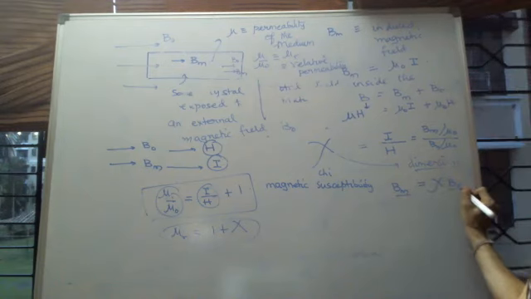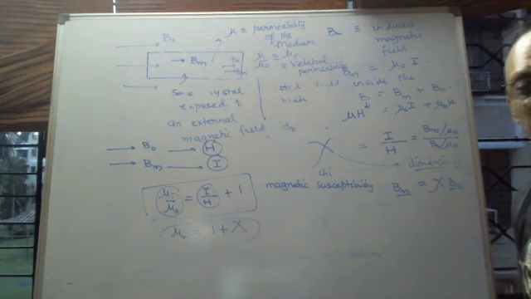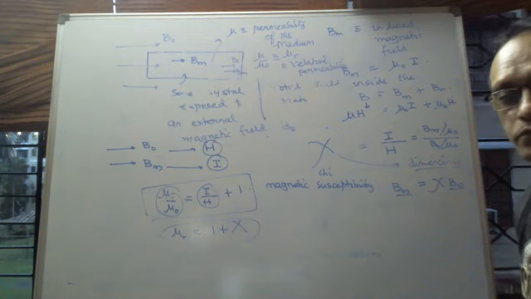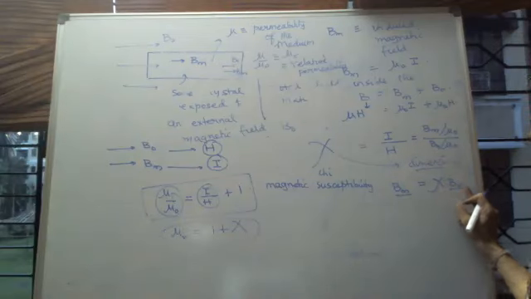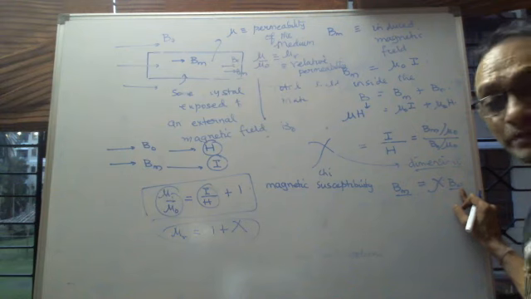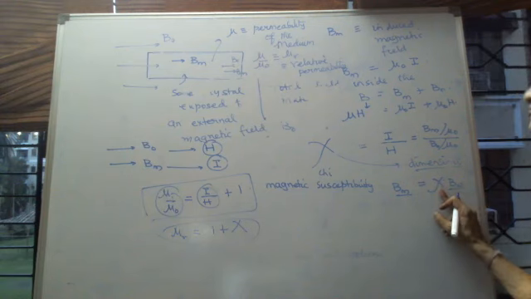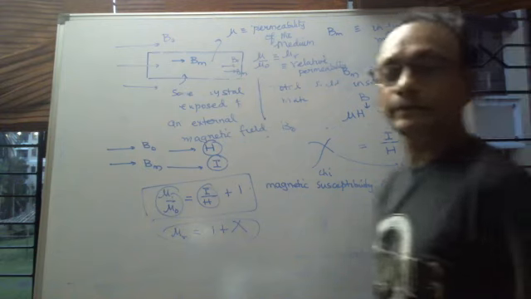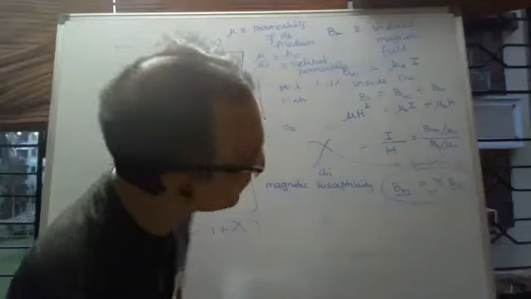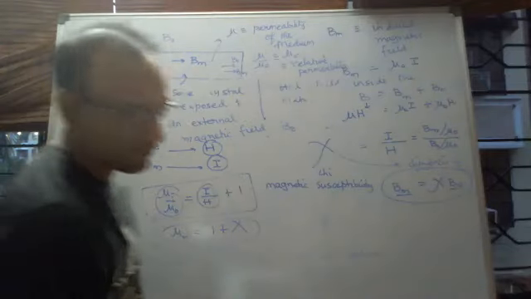BM is proportional to B naught. The induced magnetic field is proportional to the externally applied magnetic field, separated by a factor which is the magnetic susceptibility. Can I write this off?